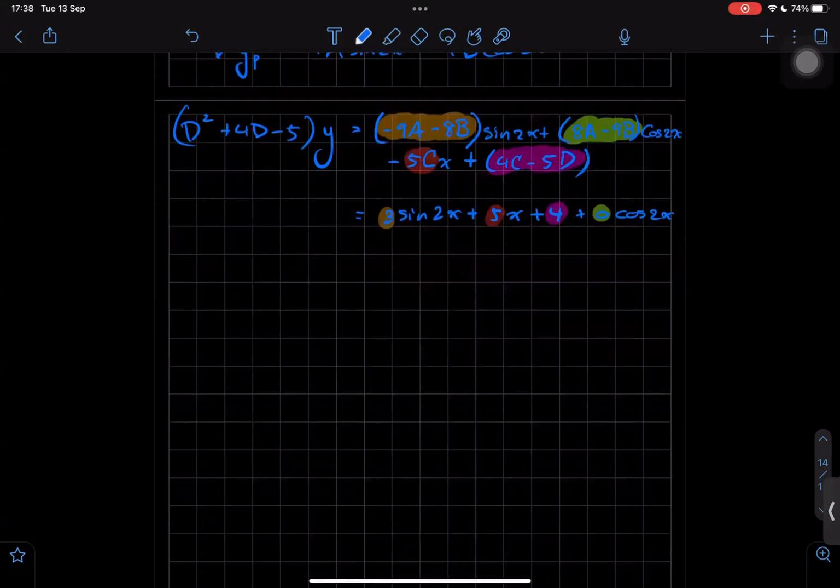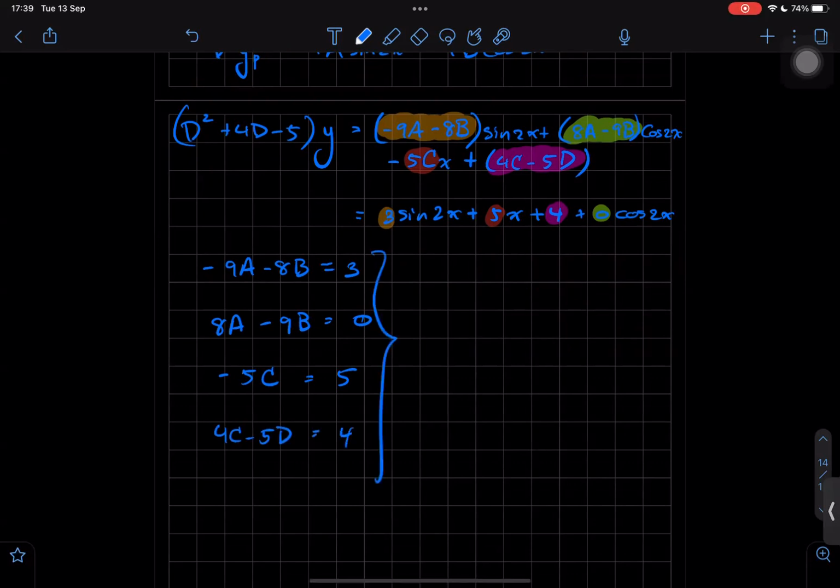So we get minus 9a minus 8b equal to 3. 8a minus 9b equal to 0. Minus 5c equal to 5. And 4c minus 5d equal to 4.